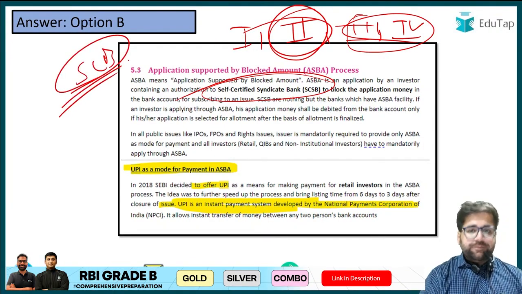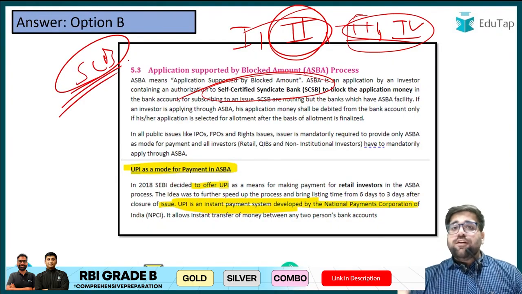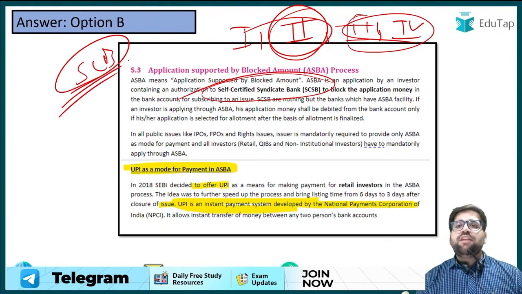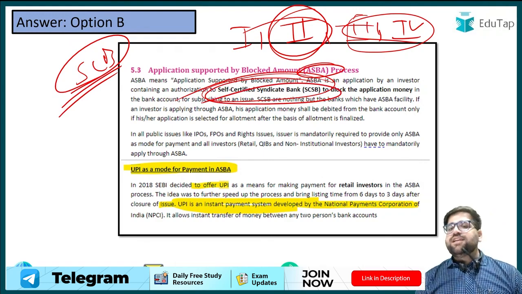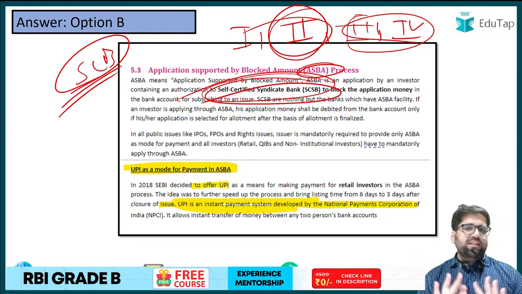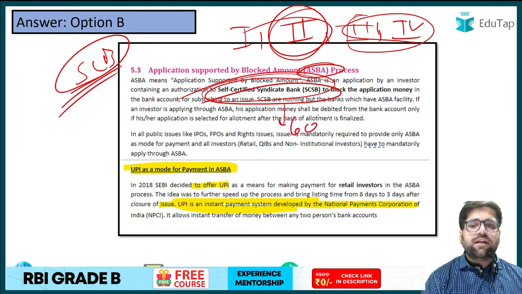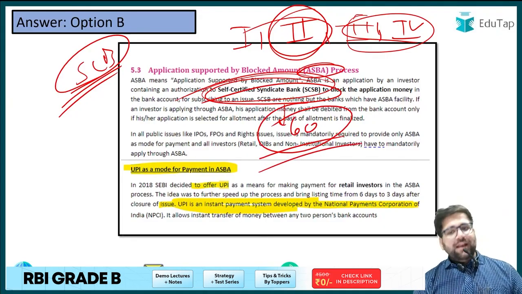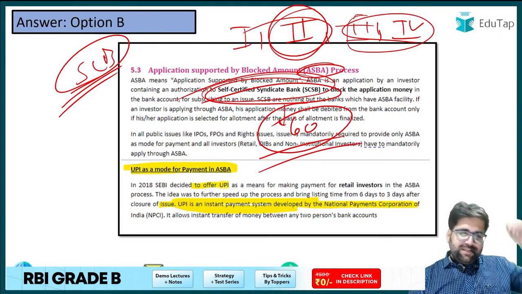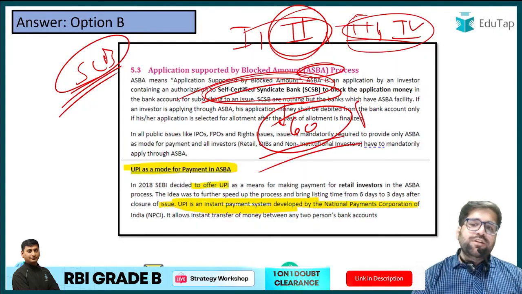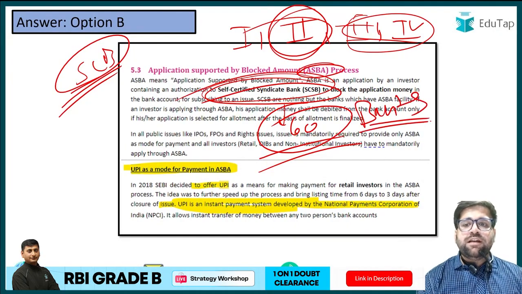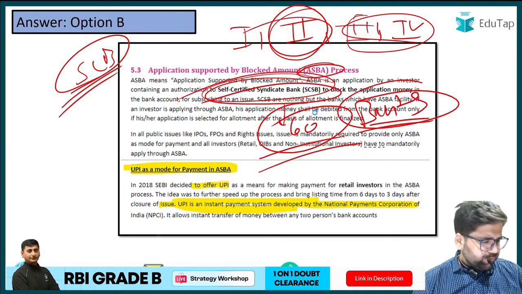In the same manner, those banks which are allowed to deal with the ASBA process are known as self-certified syndicate banks. As simple as that, nothing much to worry. Currently there are 60 banks, although I am 99% sure, but 1% not sure, because that particular news I have just read in the newspaper. So there are 60 banks which are ASBA certified.